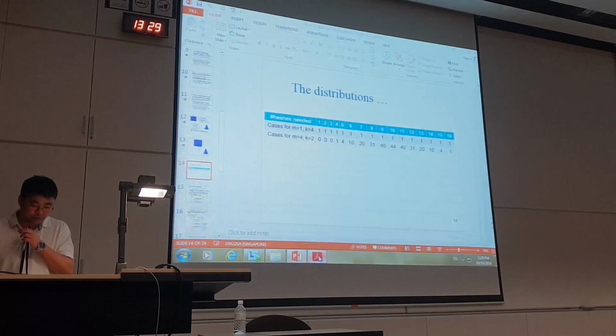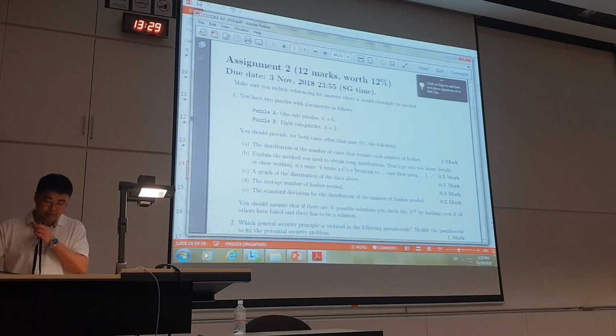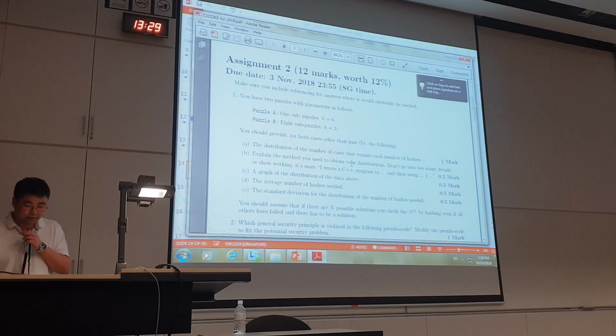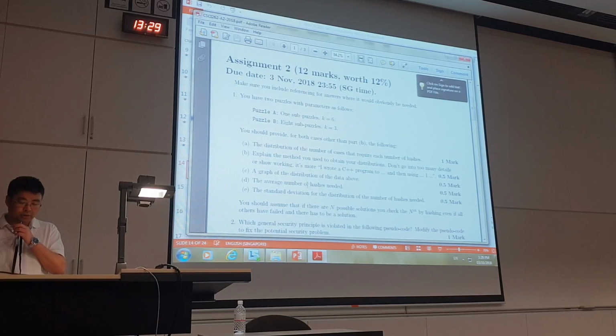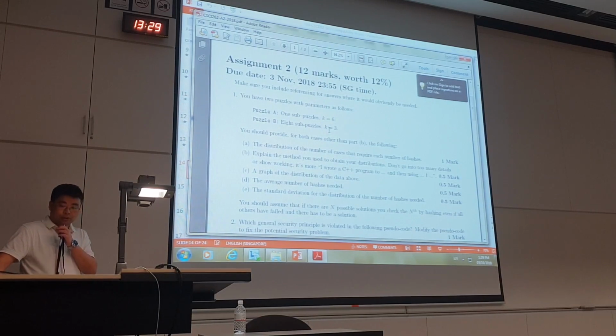You can simply write a program to solve this problem if you want. Then you also need to draw a graph to show the distribution, and show the average number of hashes and the standard deviation required for each puzzle. Right, so that's what you need to do.